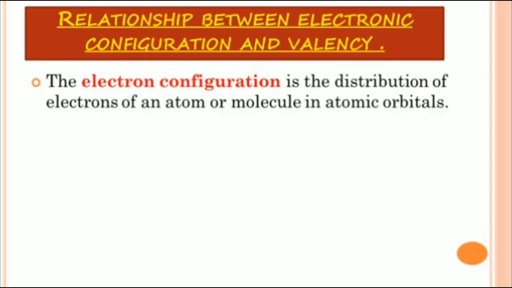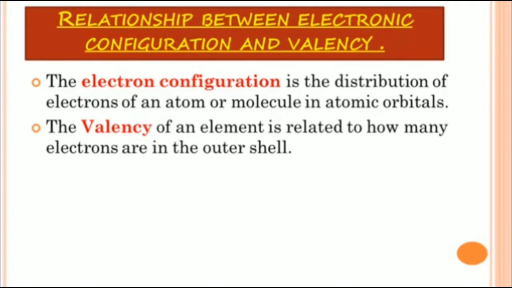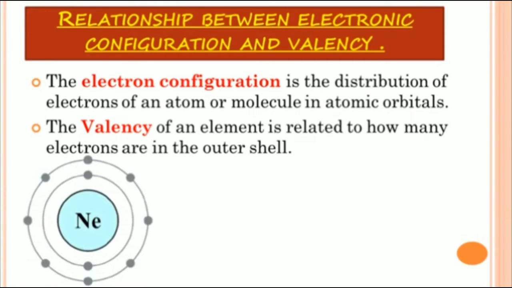Now, valency. The valency of an element is related to how many valence electrons are present in the outermost shell. So the number of electrons present in the outermost shell tells you the valency of an element.